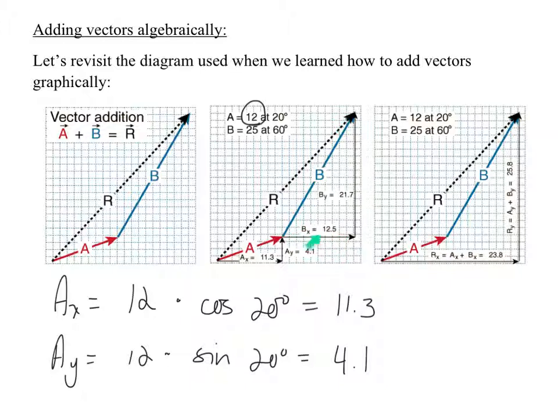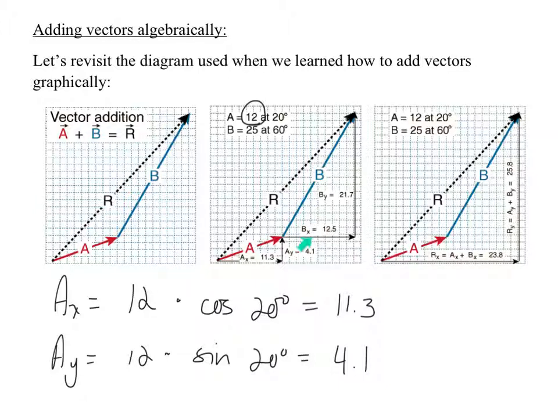So here's the x component of vector B. Here's the y component of vector B. So this length here is 12.5, this length is 21.7. If I could use the 11.3 and the 12.5 together, I can get the entire base length. And if I could use the 4.1 here and the 21.7 together, I get the entire height of the triangle. Right? Base squared plus height squared equals r squared. That's how we'll get the r value at the end.